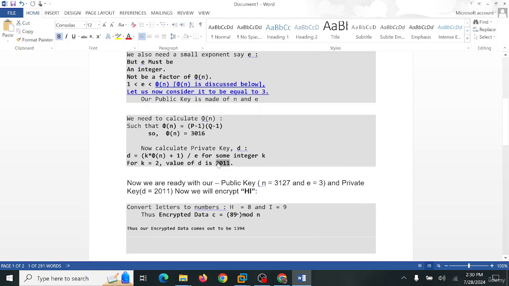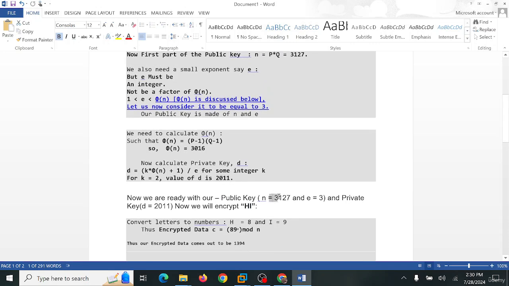In our example it is 2011. Now we have a public key, which is this. You can see the combination of n and e is our public key. N is p times q, and e is what we consider using this criteria. We also have the private key, which we computed right here.